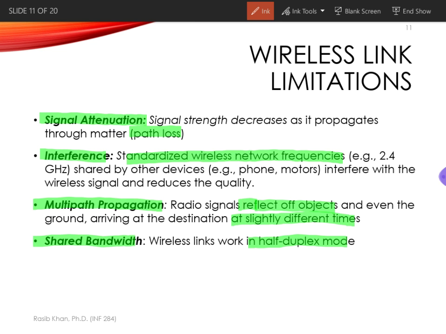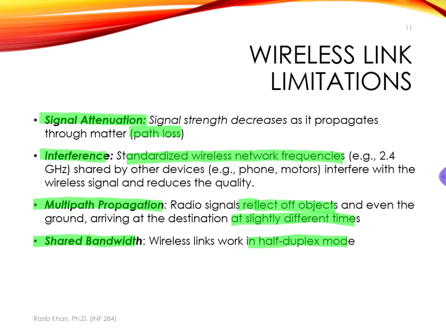Let's say we have an access point operating at 2.4 gigahertz, and at a particular moment there is a transmission going on from a network node to the access point. No other devices in that range will be able to use that frequency to send or receive any more packets. So this concept of shared bandwidth is one of the primary limitations of wireless networks.